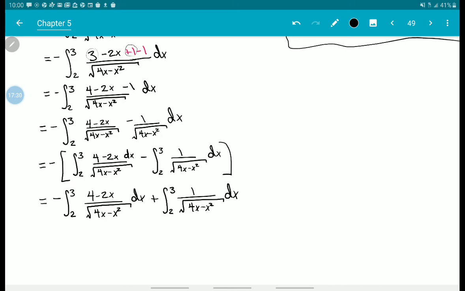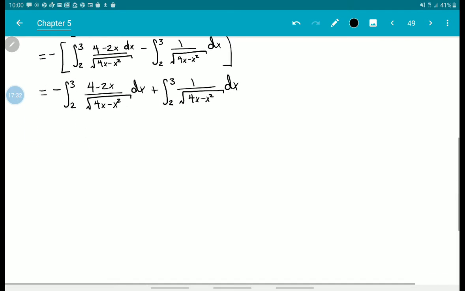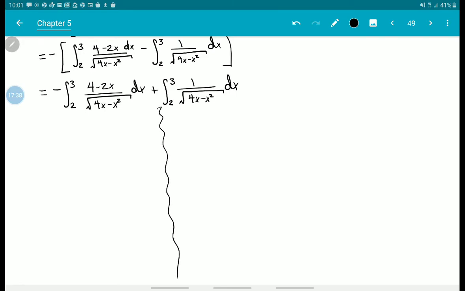So we're going to have 2 different pieces to integrate. We're going to do this separately, and then once we get those answers, we can add them together to get the final answer.